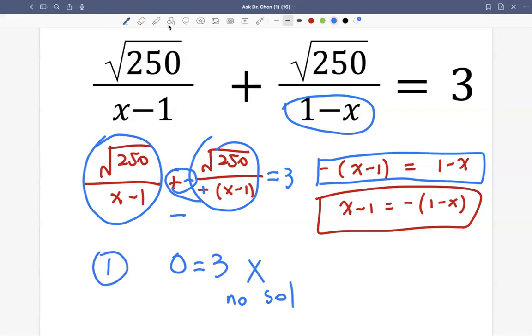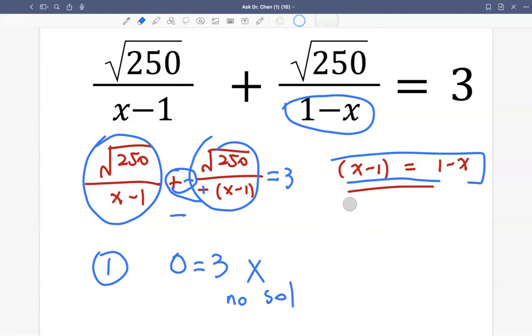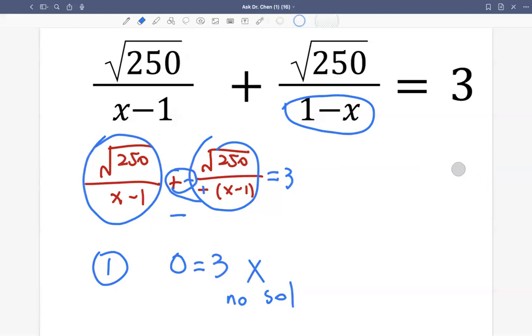Now let's look at the second case. Sometimes we see rational expressions, where the variable appears in the denominator. In this case, we have a rational equation. When we have a rational equation, what do we want to do?